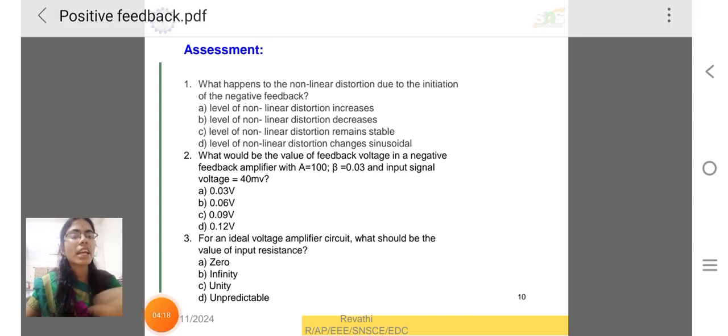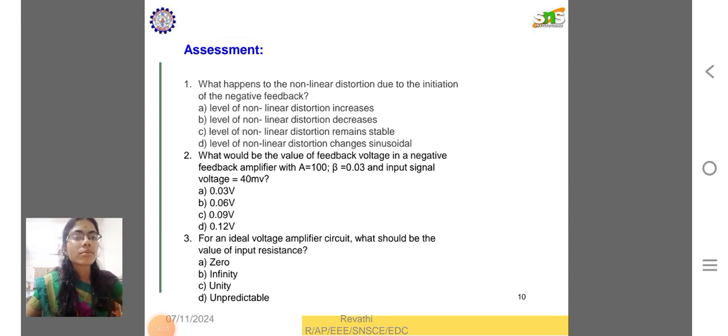Assessment. What happens to the nonlinear distortion due to the application of negative feedback? Level of nonlinear distortion increases, decreases, remains stable, or changes sinusoidal.